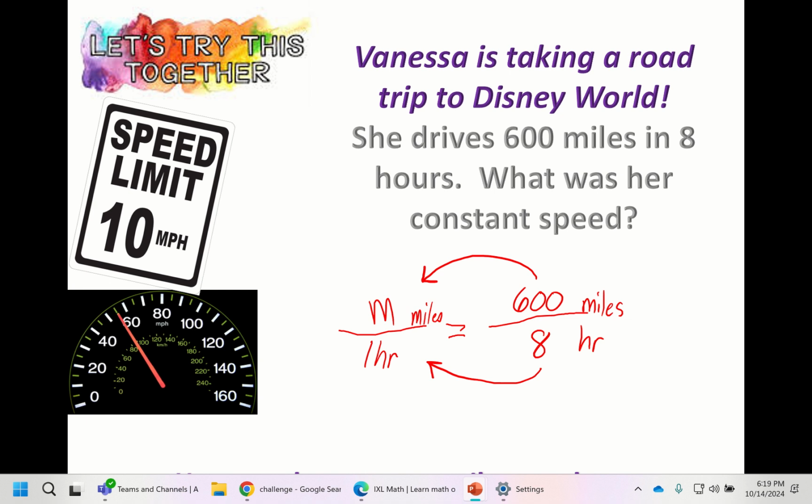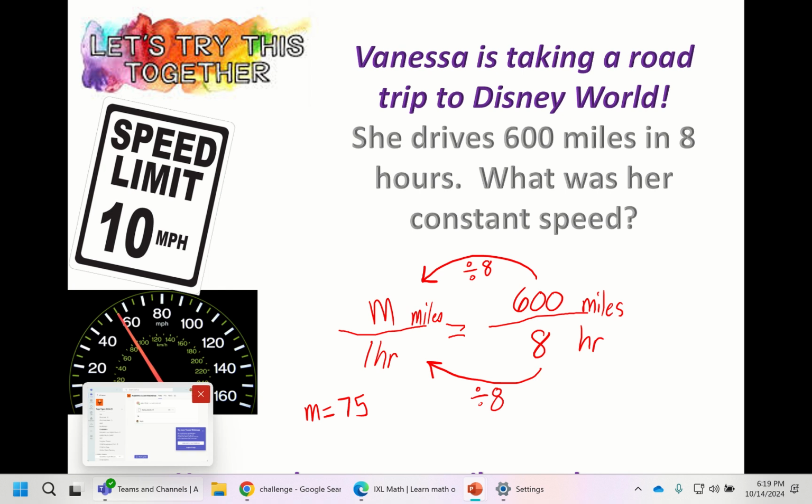So this means that I am dividing by 8 here, which means I need to also divide by 8 up here. So this is where a calculator comes in super handy. You will put into your calculator 600 divided by 8, and you will get that M equals 75. M equals 75.